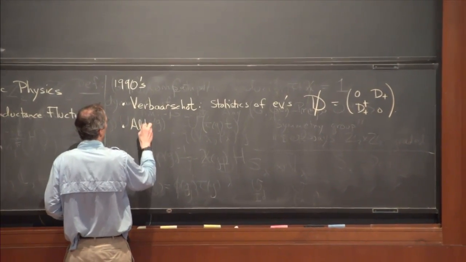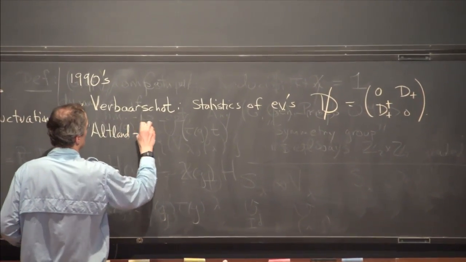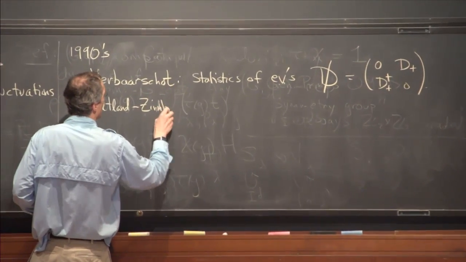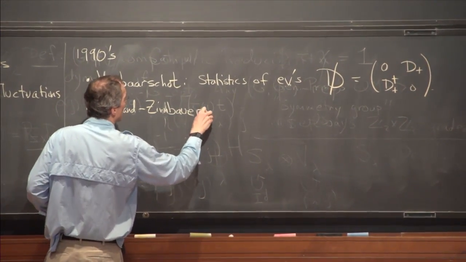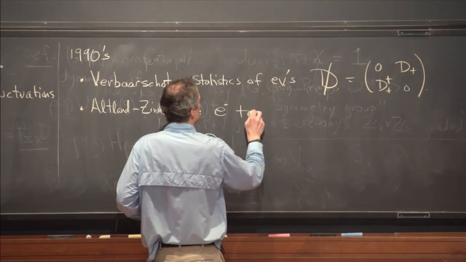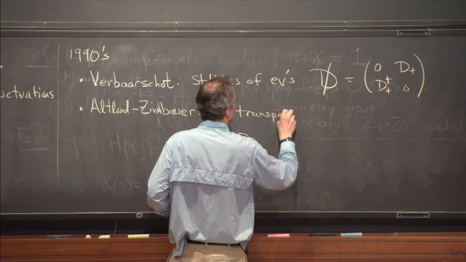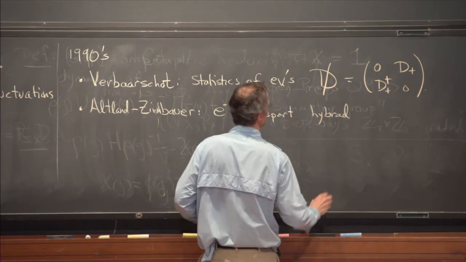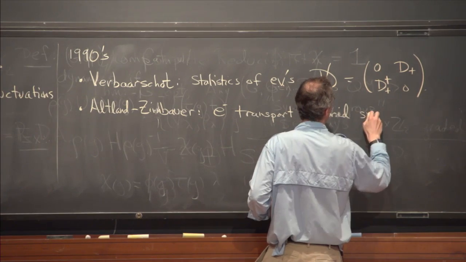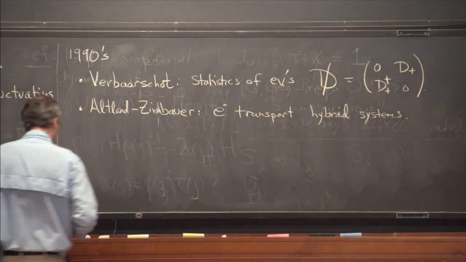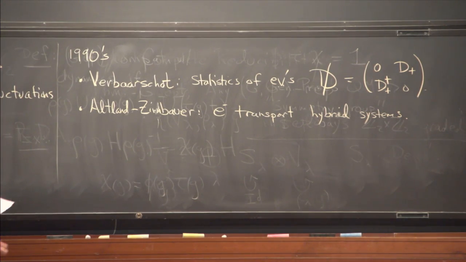Altland and Zirnbauer were studying, again, electron transport in hybrid systems, metals with superconductors, and were finding the need for other statistics.